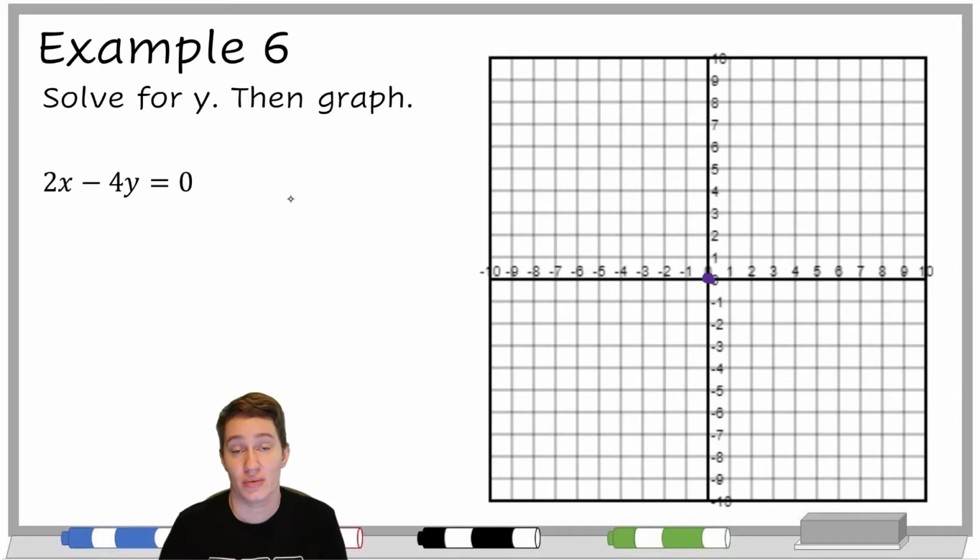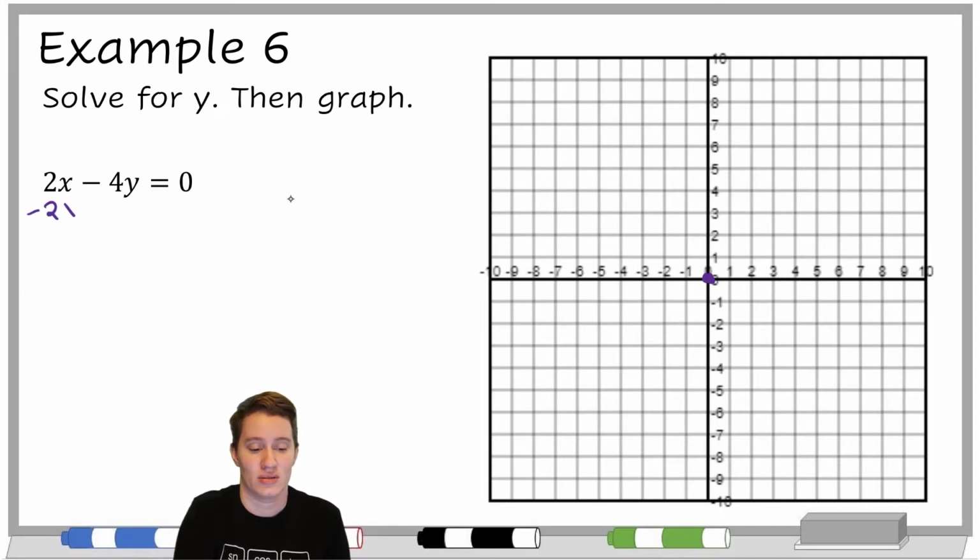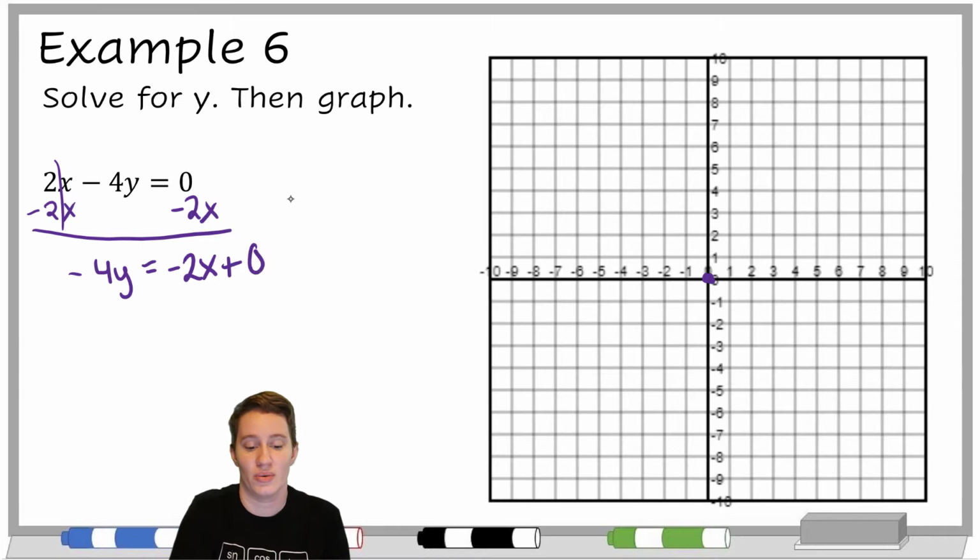So no matter what, we would have to do something else to find another point. We could just pick another number to plug in, and that would work, but we could solve for y and get our slope. I'm going to subtract 2x over to the other side and get negative 4y equals negative 2x plus 0, although we don't actually need to write down plus 0 because plus 0 is just plus nothing.